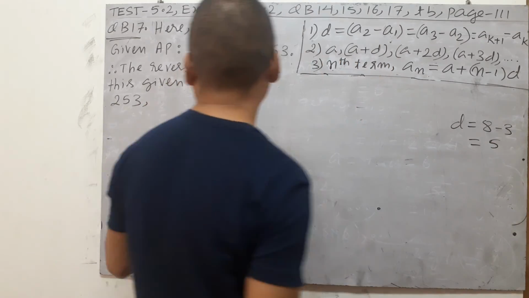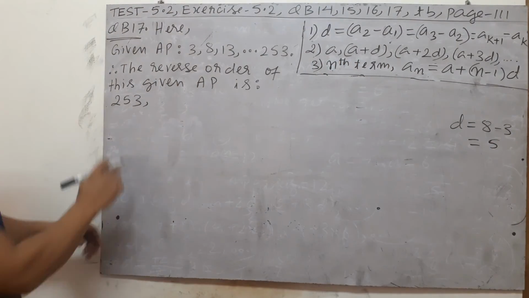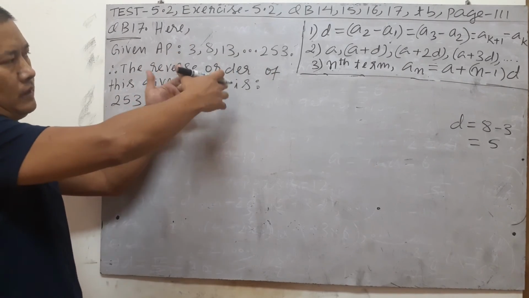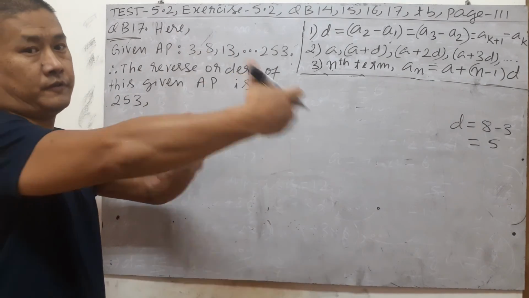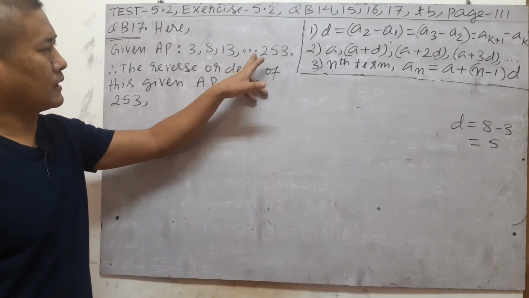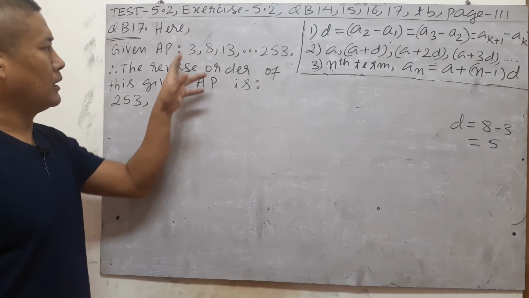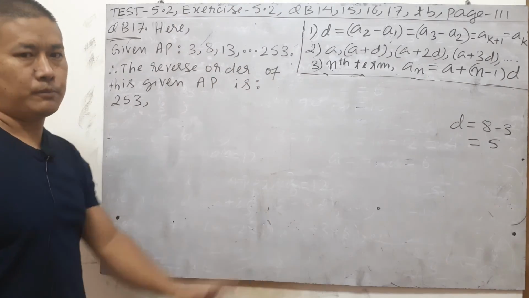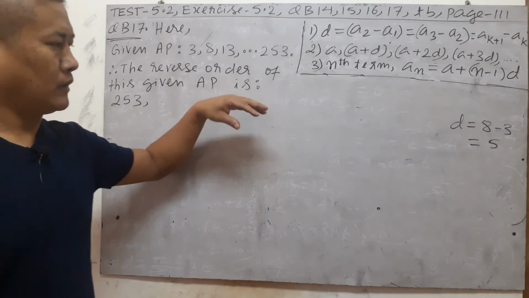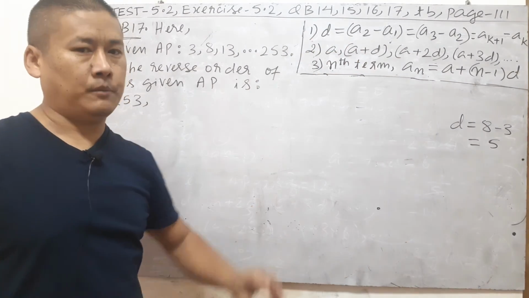That is 5. So this original AP is made reverse, so the last term will become the first term, the second last will become the second term, and the first term will become the last. That's what they mean. And after you arrange like that, what is the value of the 20th term of this reverse AP? That's what they're asking.